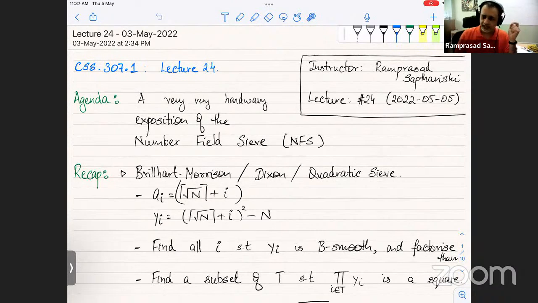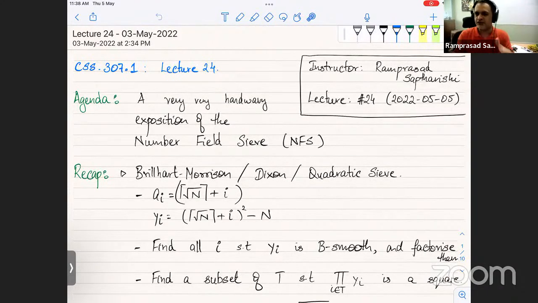Some reasonable way to make it effective was done by Brillhart and Morrison. Dixon's algorithm was a rigorous analysis of such a factorization algorithm. And the quadratic sieve improves the constants, but it's based on some heuristics.